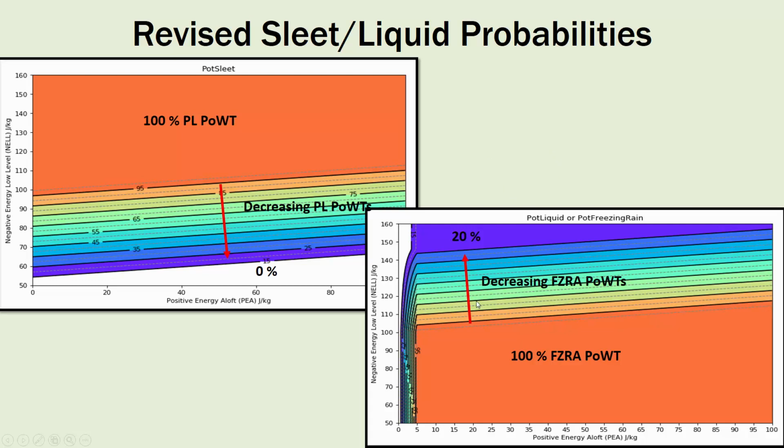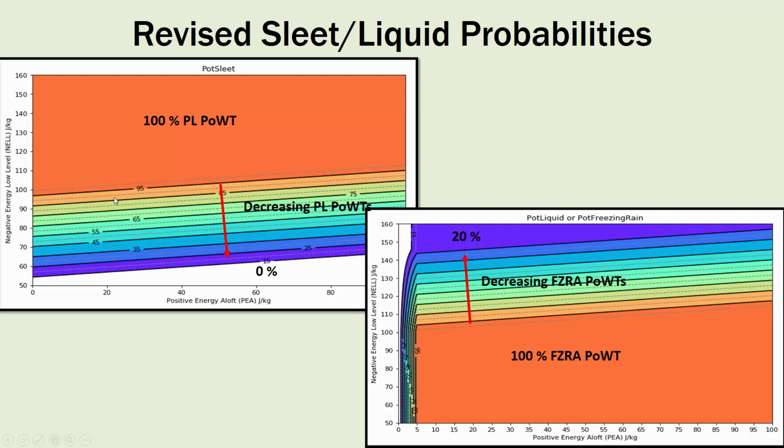And sure enough, if we bring in the probability of liquid or freezing rain, which would depend on our surface temperatures, notice that in the area where we set the sleet to 0, that is where our freezing rain would be most prevalent. Notice there is overlap here. We've brought the 100% chances for freezing rain up to a y-intercept of 105 joules per kilogram.